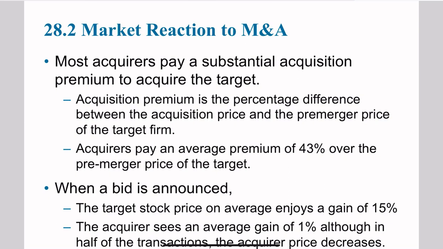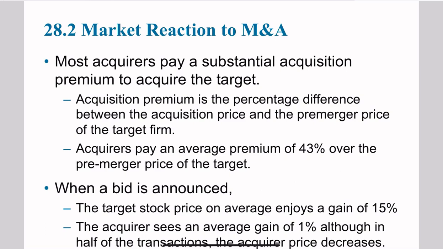First, most acquirers pay a large acquisition premium to acquire the target. How do you calculate the acquisition premium? Acquisition premium is the percentage difference between the acquisition price and the firm's price before merger announcement.